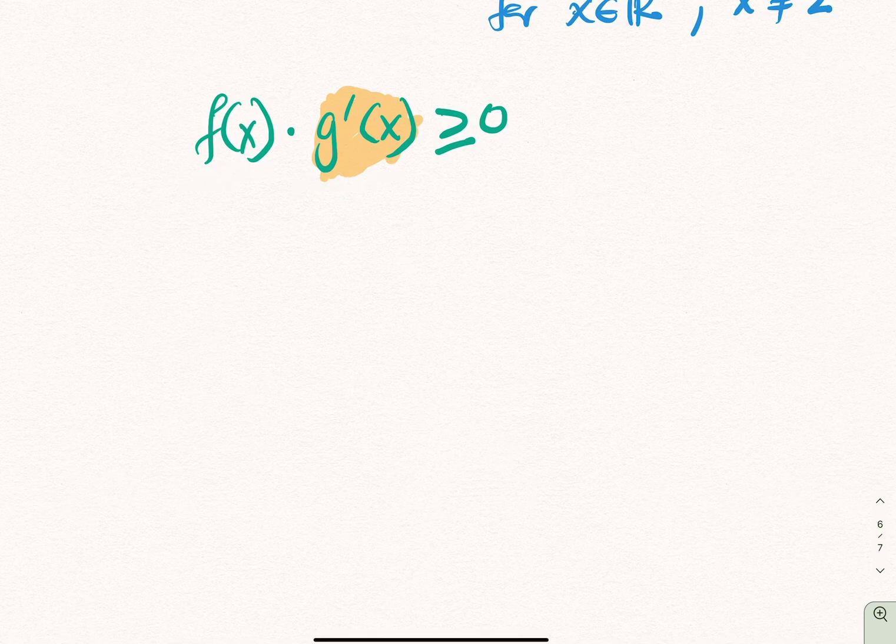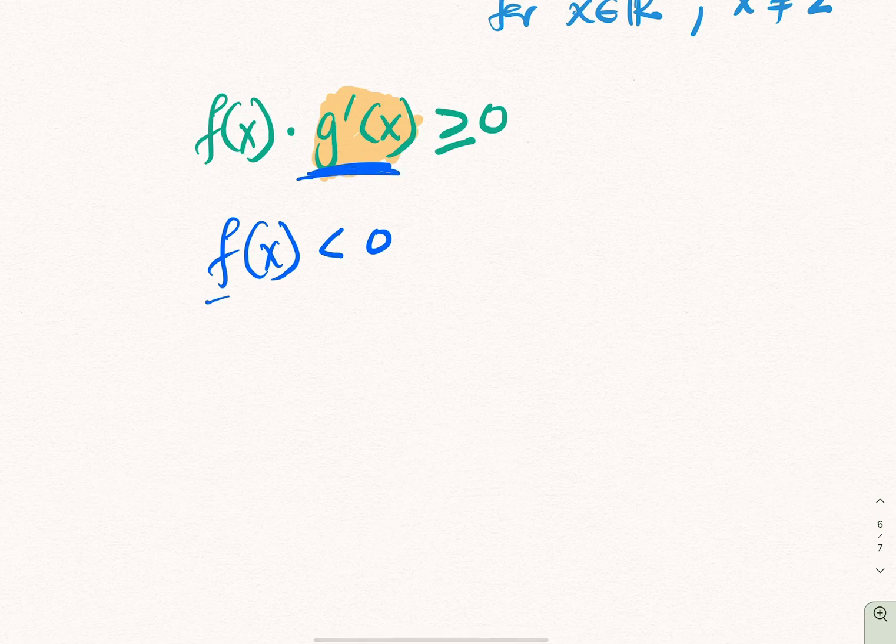So now I'm going to say, well, let me check where f is less than 0, that means negative. I need to check where f is less than 0, because this is negative. If I multiply negative and negative, I'm going to get a positive.